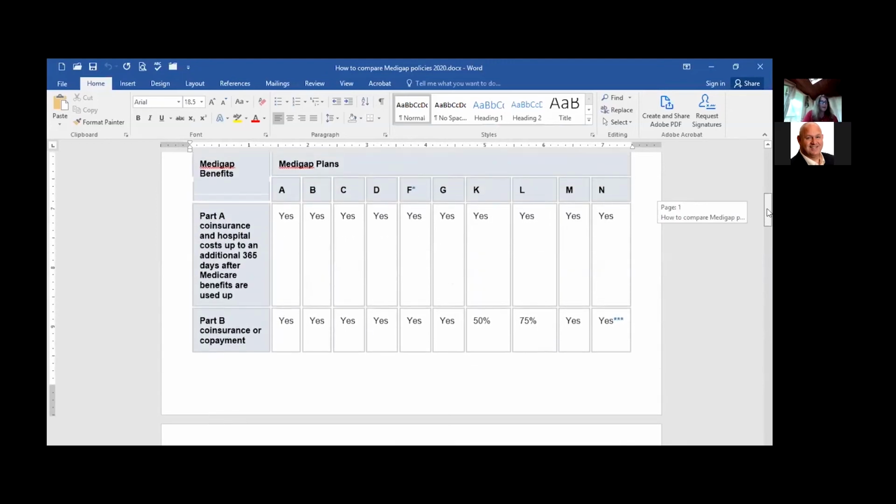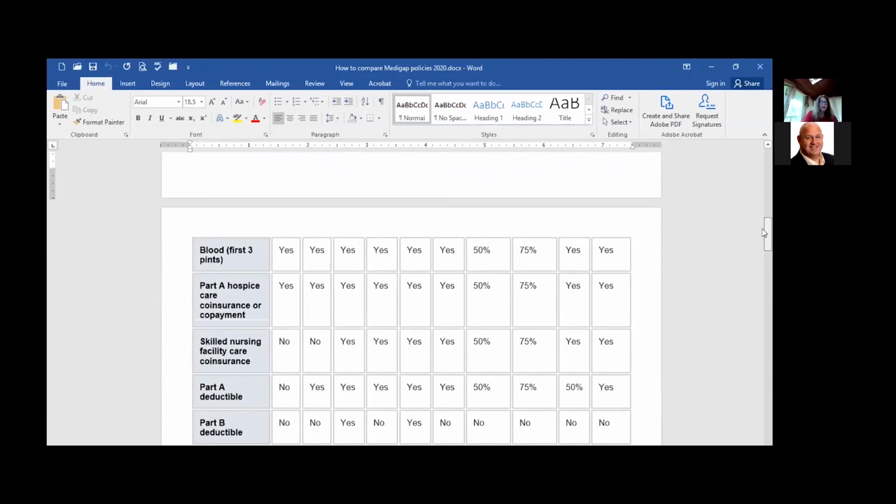So Part B, your co-insurance or co-payment premium, some of these, Medigap policy A, B, C, D, F, G, and M, and to some degree N, all help you pay the co-insurance for Part B. And a couple of these will pay a fraction. As I said, we're not going to go through every line, but these just show different services and how the different Medigap policies may or may not help cover some of those. I'm going to go on down.